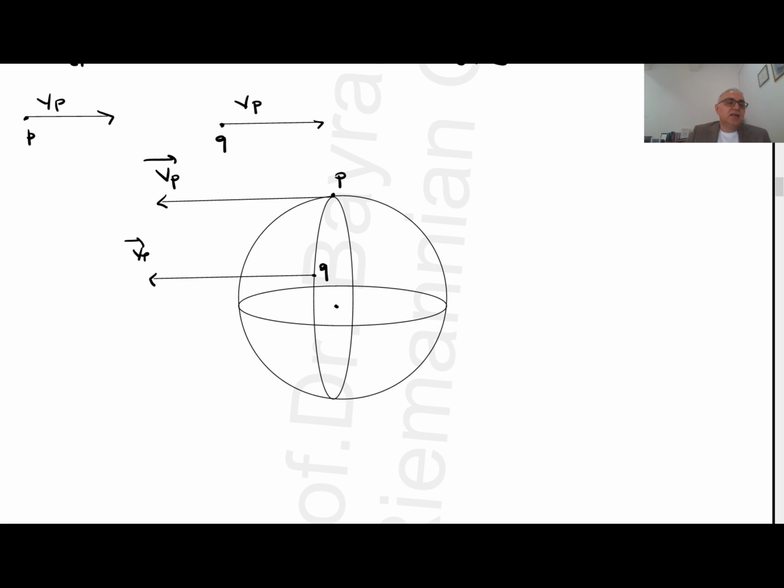So here the parallel transport takes its action. Then you apply this, and now this is tangent.